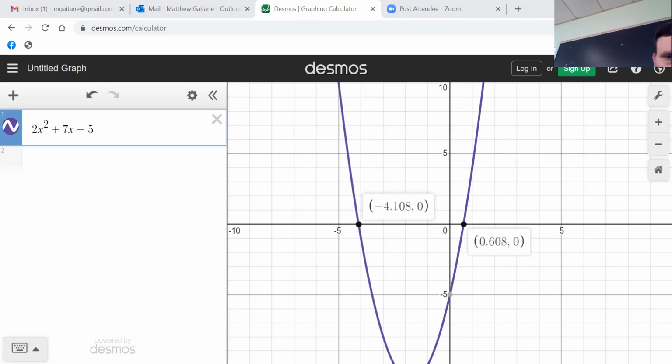You have to find the excluded values through the quadratic formula. It's taking up a lot of tape here, but it's extra stuff. For those of you who are really interested, you're going to watch it. All right, so 2x squared plus 7x minus 5.